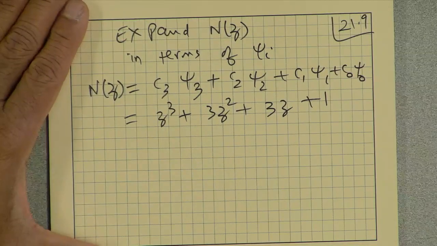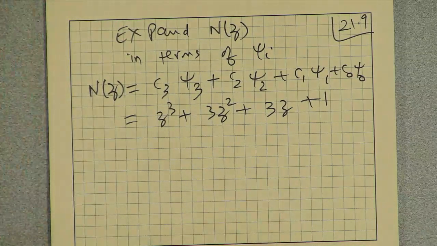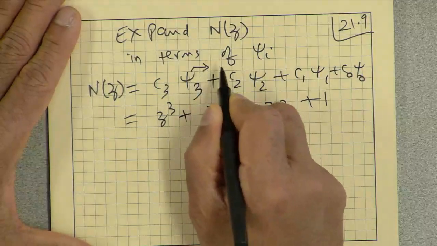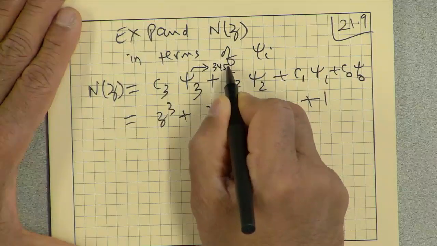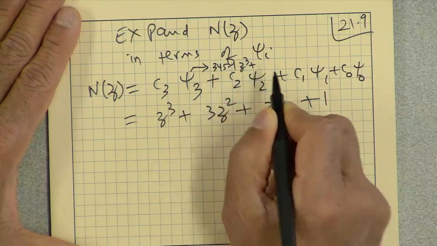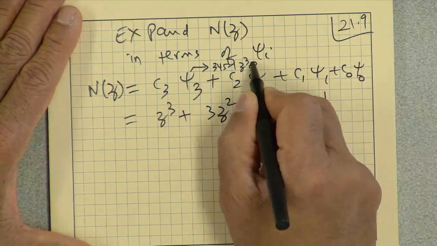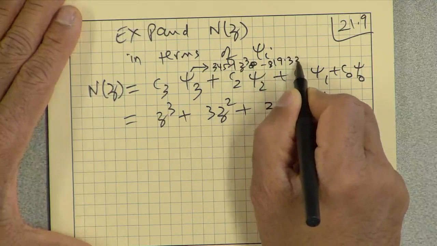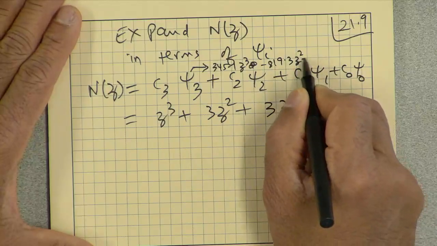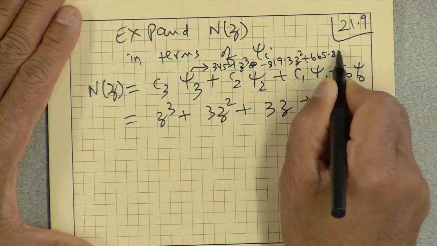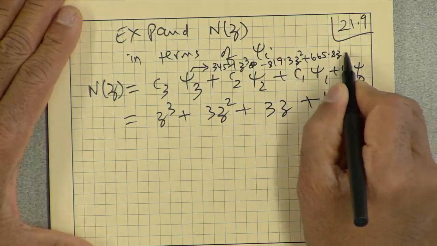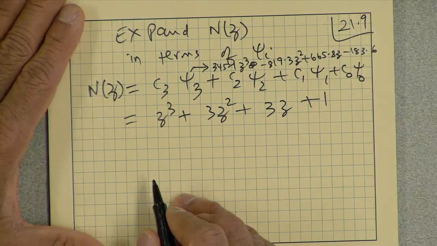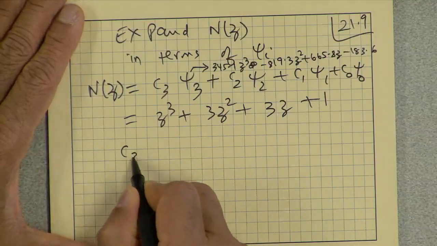And the psi 3 is, so this one here is 345.1 z cube minus 819.3 z squared plus 665.8 z minus 183.6. Okay, so what is C3?